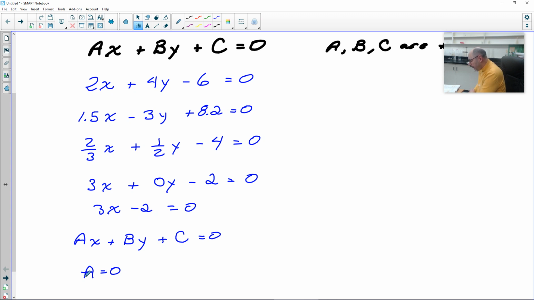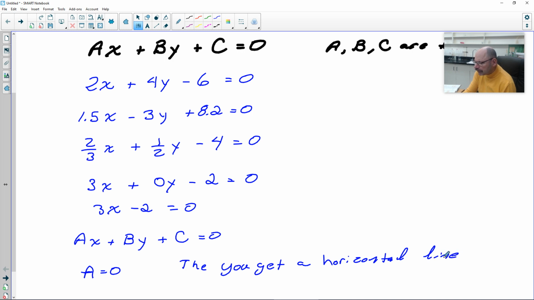So if a equals 0, you get a horizontal line.